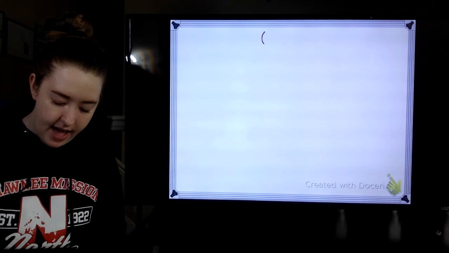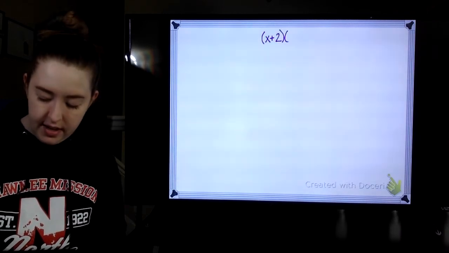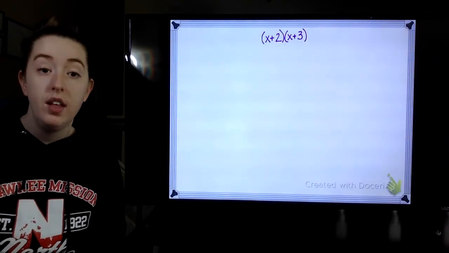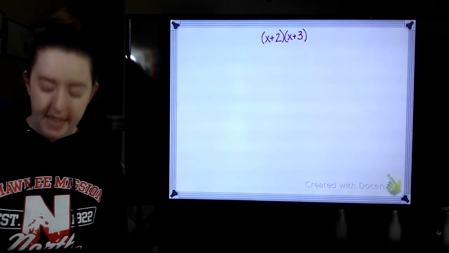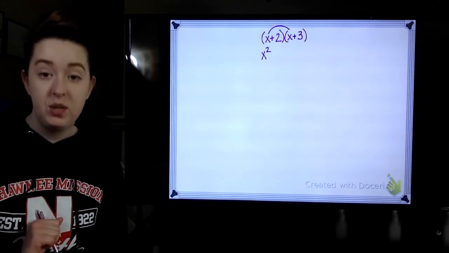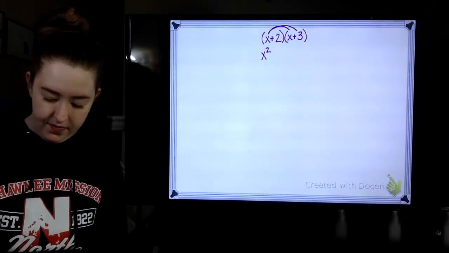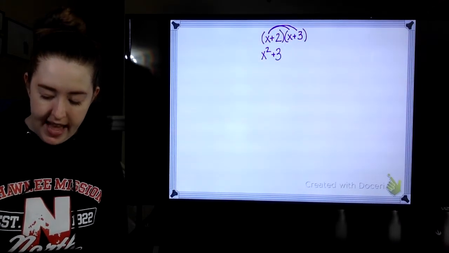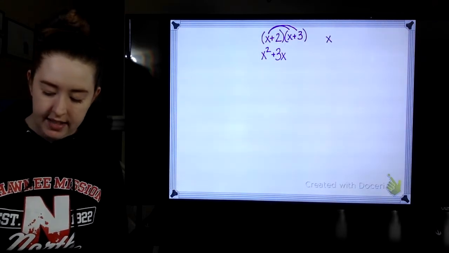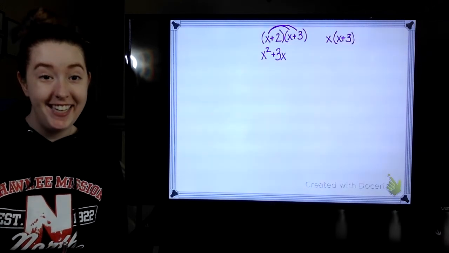Let's say that we had x plus 2 times x plus 3. If you wanted to multiply those together, you would take x times x and get x squared, x times 3 and get 3x. So really what just happened is you took x times x plus 3, right?